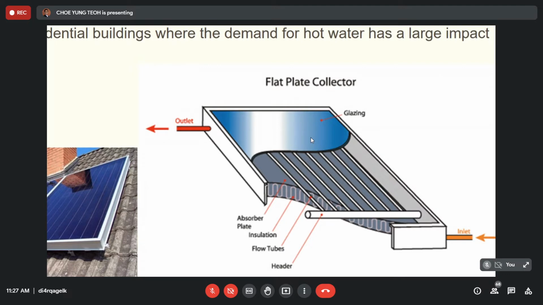If the surrounding has very strong wind and is very cold, then the glass is actually very important. Because with strong wind, the wind will bring away the heat, so the heat loss due to convection will be very significant. And secondly, if the surrounding temperature is very cold, the heat transfer rate between the panel and the surroundings will be very fast, so heat loss will be very fast.